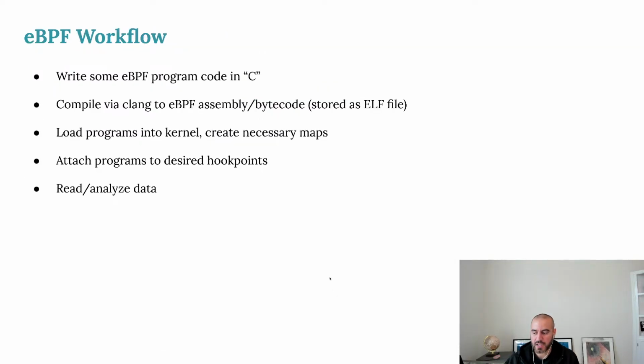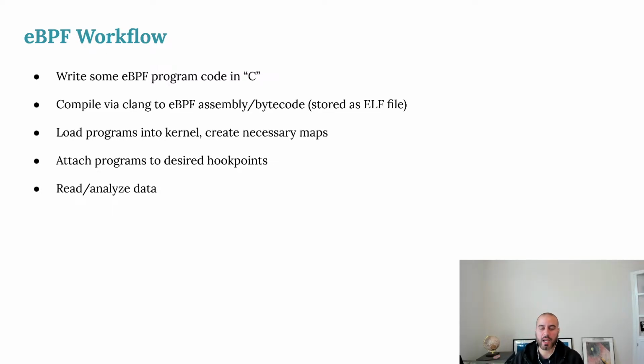So taking all that and thinking about a standard workflow, you'll write some eBPF program code, and here we're calling out C. What you'll see as we go through this is that the most common way of writing eBPF code today is to write in a C-like language.